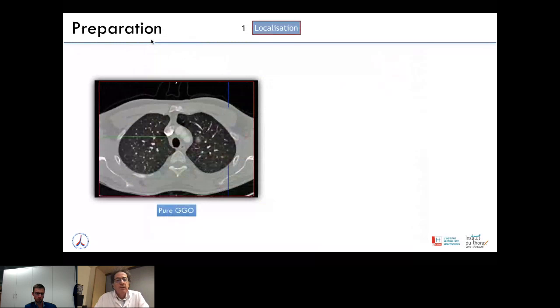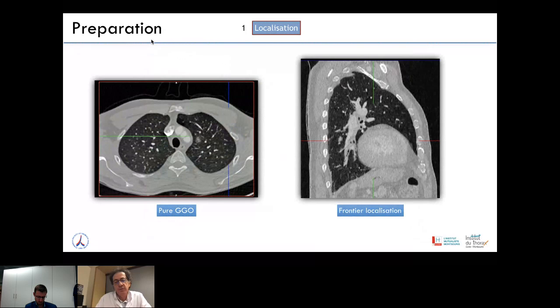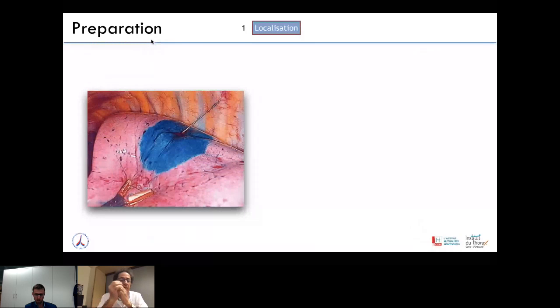Now, coming back to the preparation, why do we have to localize these tumors? For two reasons. First reason is that, as you know, some tumors are not localizable, like pure GGO, of course, you know this. And also because some lesions are at the frontier of two segments, and it's interesting to know it before. So during many, many years, we have used this kind of techniques.